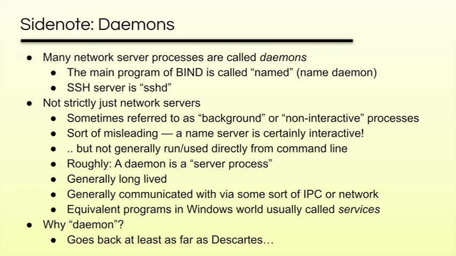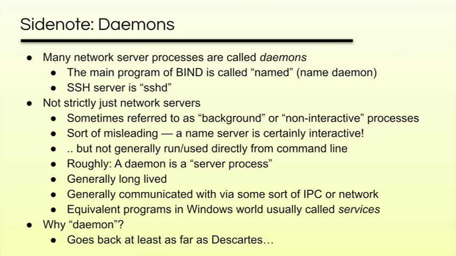This isn't strictly just for network servers. It's really just processes that are sometimes referred to as background or non-interactive processes, though that's sort of misleading. A name server is certainly interactive. You send it requests and it sends you replies, but it's not generally run or used directly from the command line as part of an interactive session.